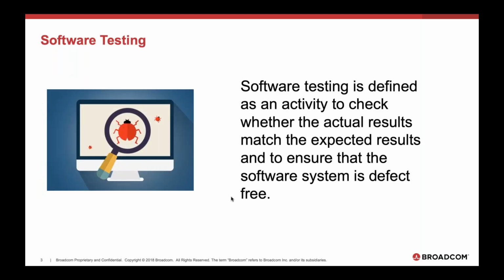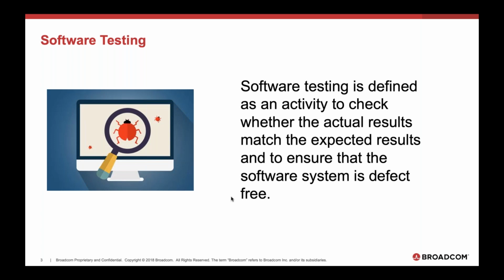Okay, so, software testing at a very basic level, what is that? Software testing is defined as being able to check whether after some changes are made to a program, the actual results from testing that program match the expected results, by which you're essentially making sure that the software system that you've created is defect-free.